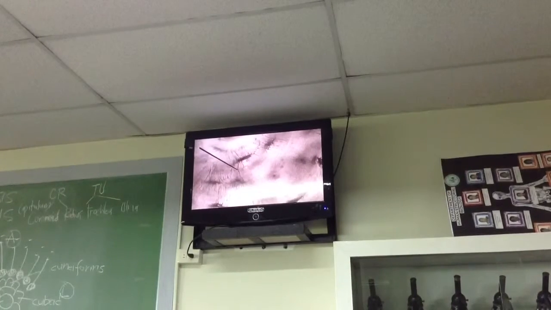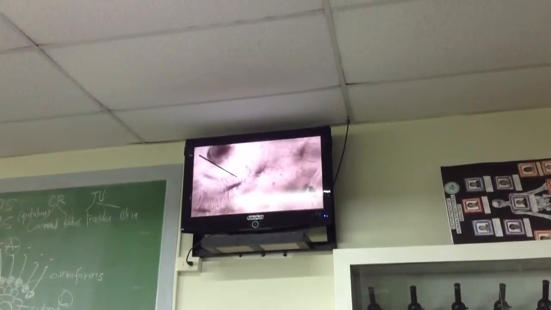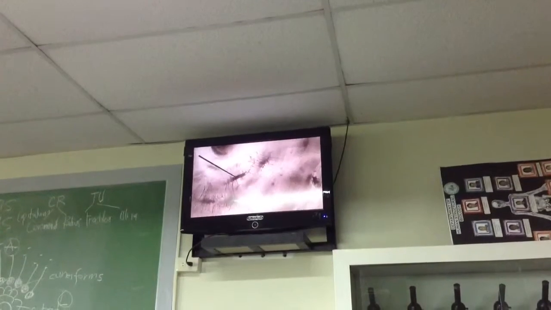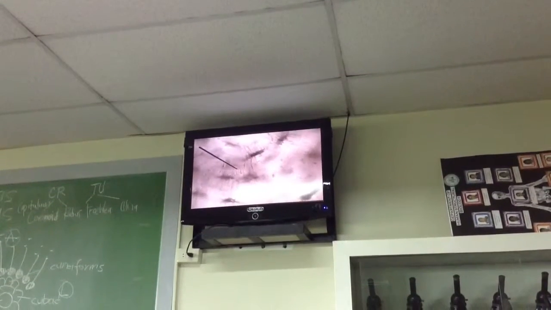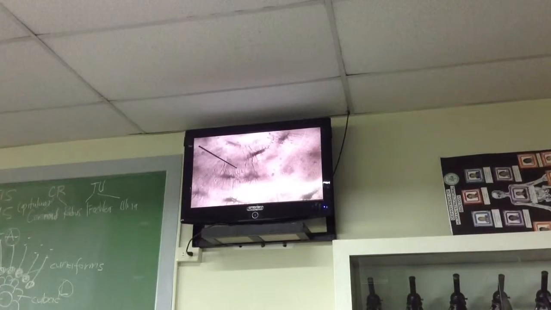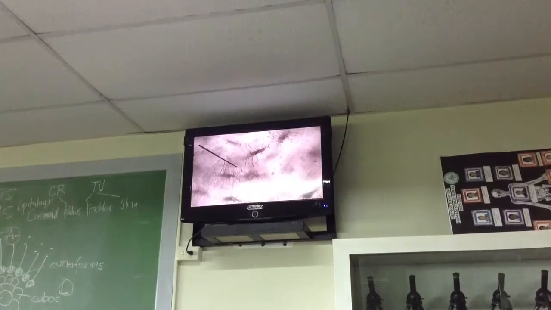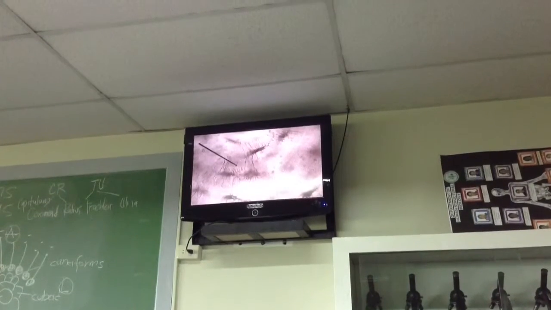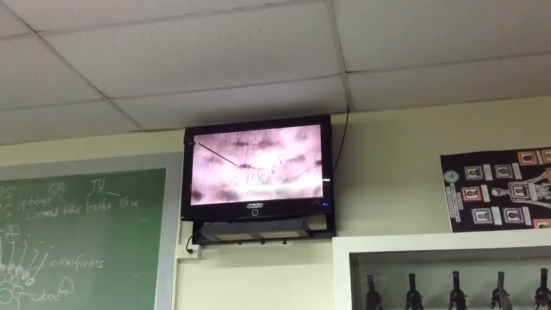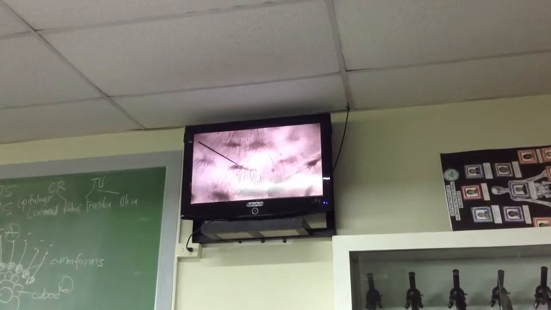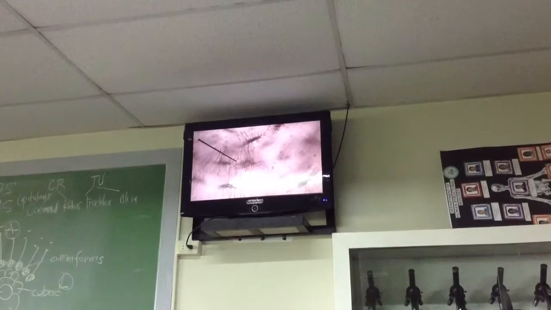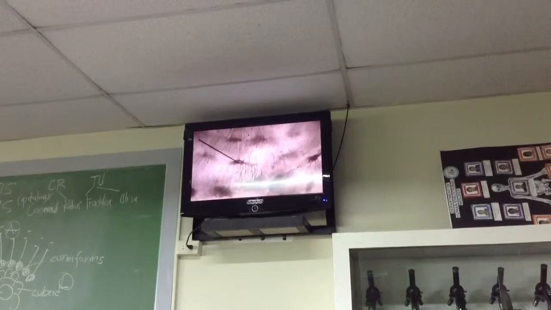So, in between osteocytes, you find this plate of bone. We call this the concentric lamellae. So this is another concentric lamellae, which separates one osteocyte from the next layer of osteocytes.